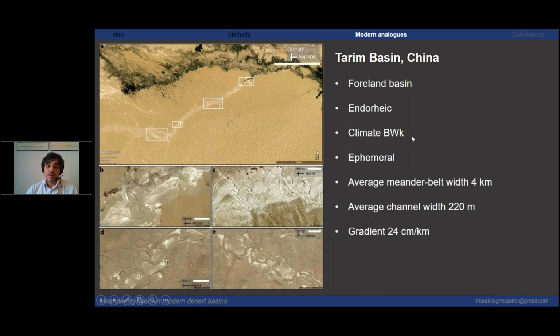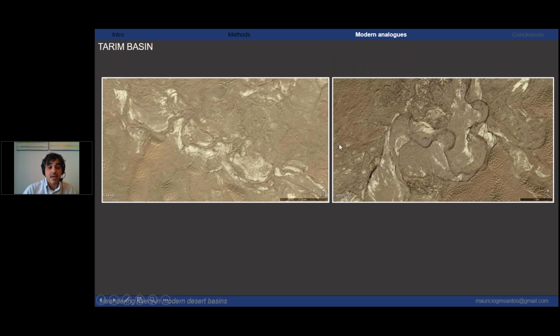Now in a cold arid climate, in the Tarim Basin in China, we have this ephemeral system, presented in various examples of preserved paleochannels. We can see they are all characterized by highly sinuous single channels.